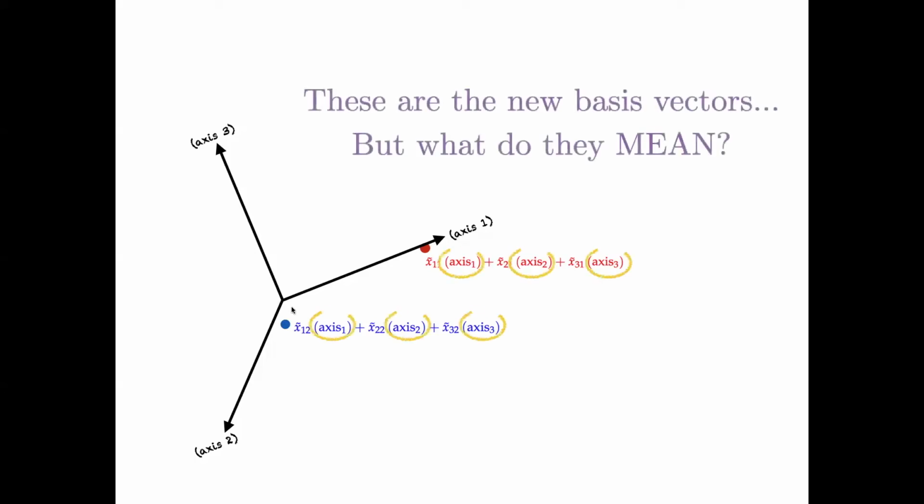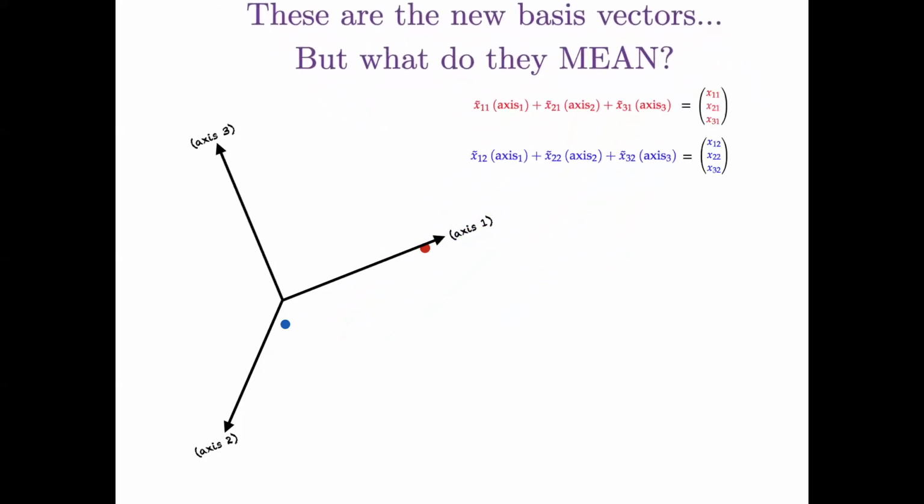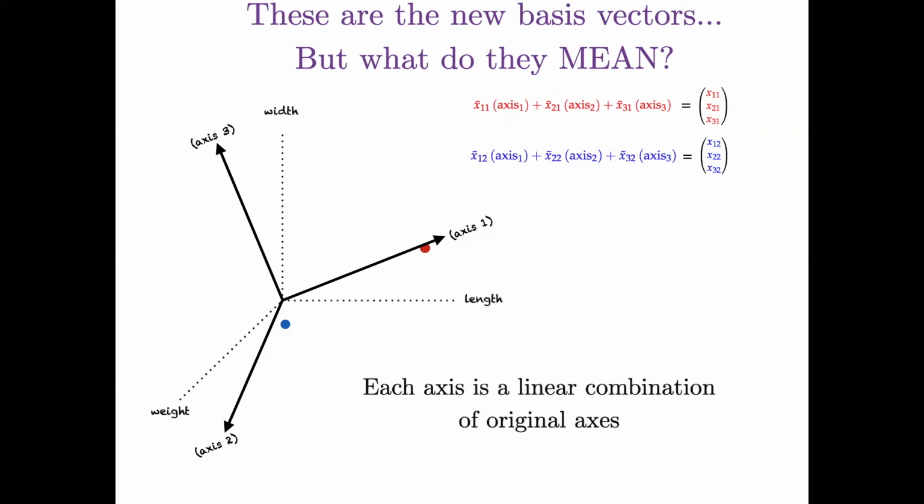So, I have these new basis vectors, but what do they mean? That's probably the first question that we ask. So let's move these expressions up to the top. And let's talk about these new axes for a minute. Let's ignore the points and just talk about these new axes. Well, each axis is a linear combination of my original axes.